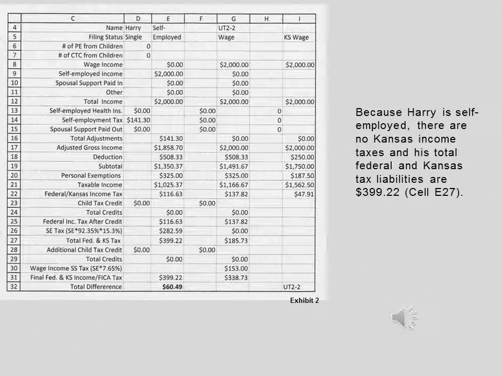Because Harry is self-employed, there are no Kansas income taxes, and his total federal and Kansas tax liabilities are $399.22, cell E27.